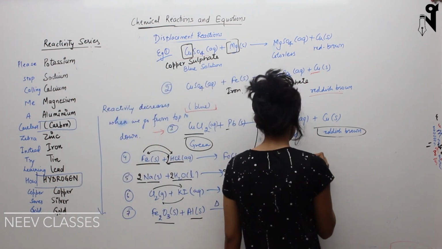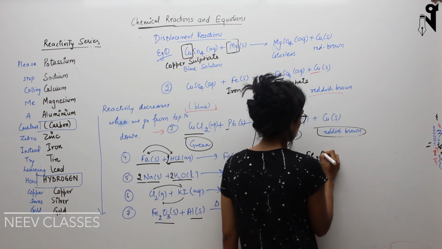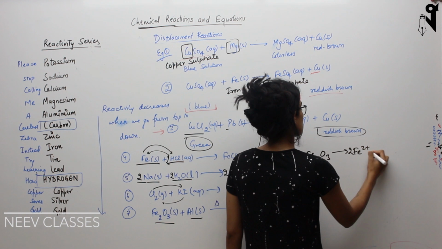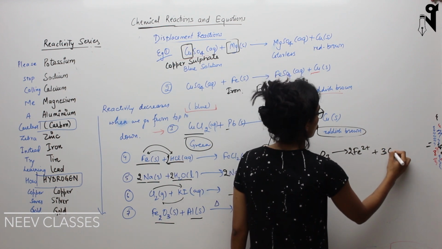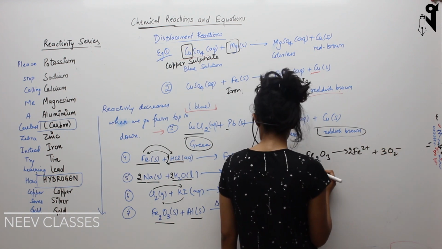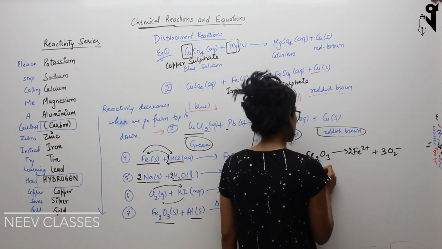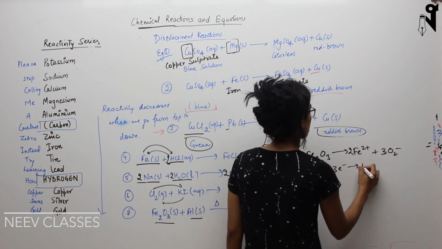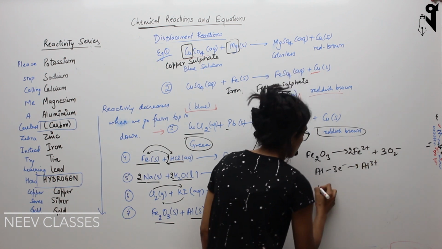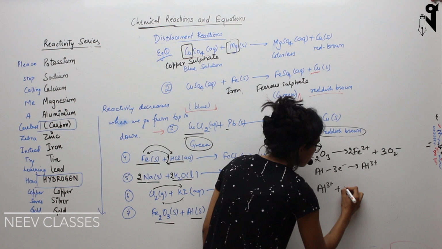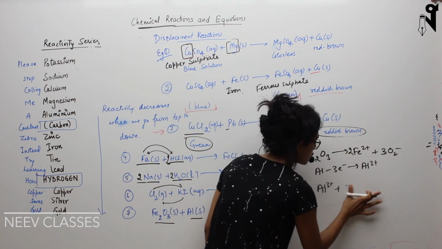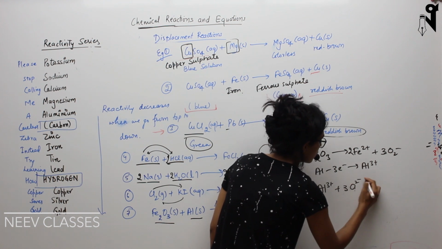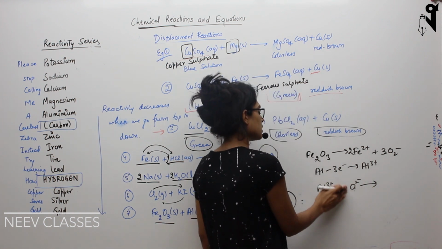So let's see the ionic reaction of Fe2O3 plus Al. Fe2O3 will break down into 2 Fe3 plus and 3 O2 minus. Now after this, your Al will lose 3 electrons and become Al3 plus. Now Al3 plus and O2 minus will come together.